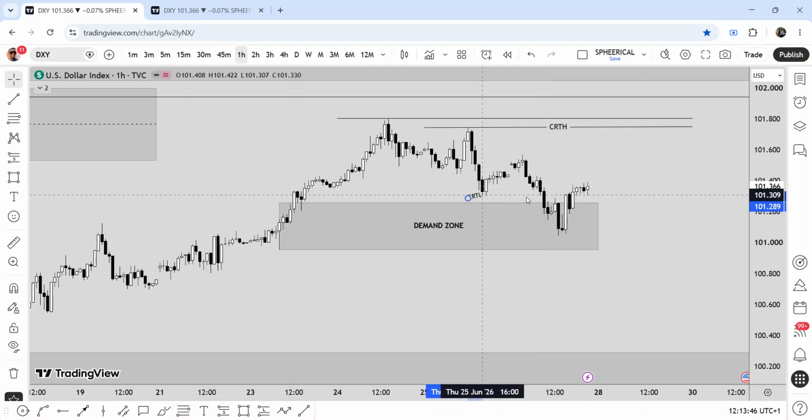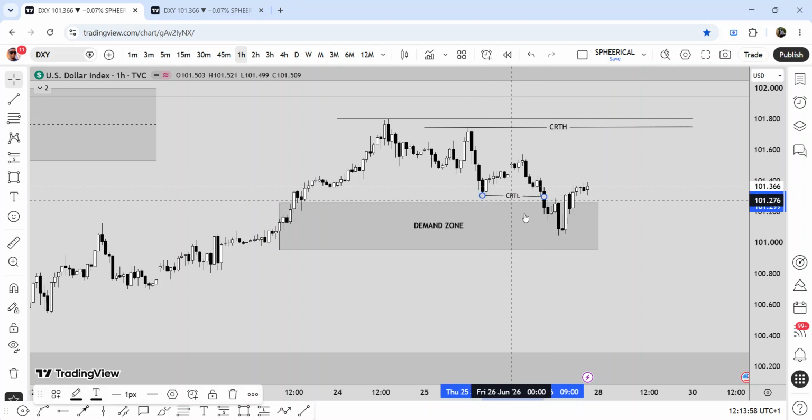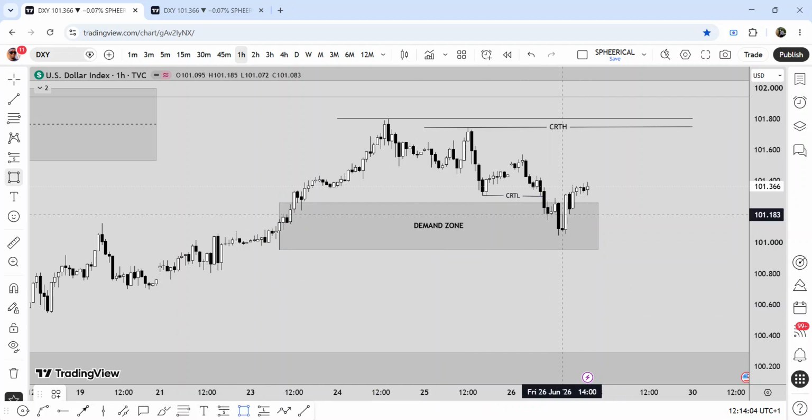Let me adjust this well. My network is now actually better, but let's keep on doing it. Here we saw that there is a demand zone. It's an unmitigated demand zone.